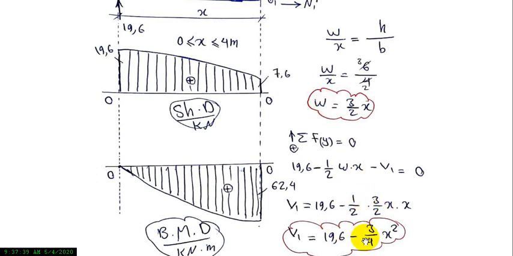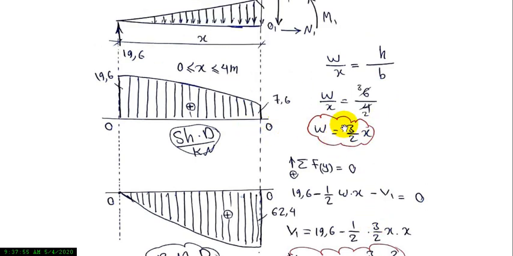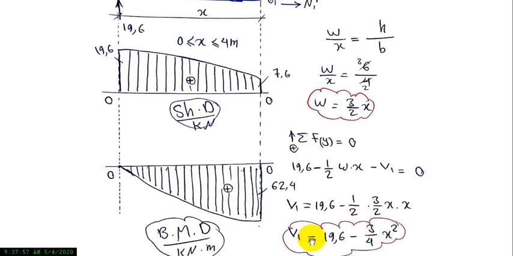After the operation, we find this equation. So we can draw the diagram of shear by giving a price for x. When we give x equal to 0 in this equation, V1 equals 19.6, this point can be found.